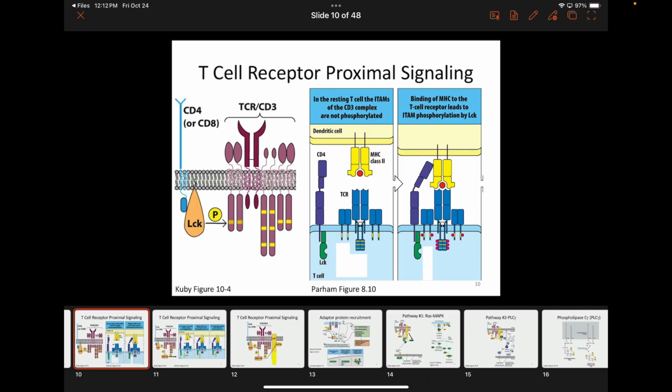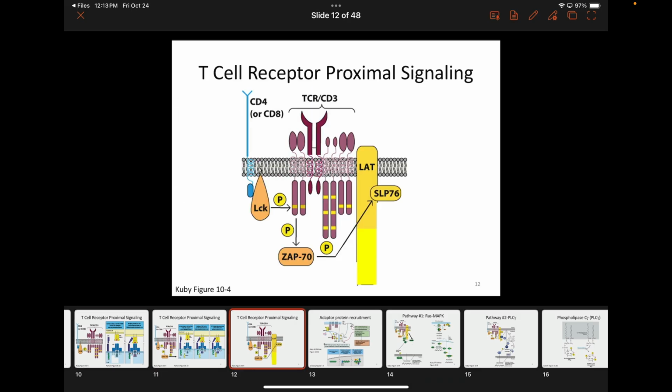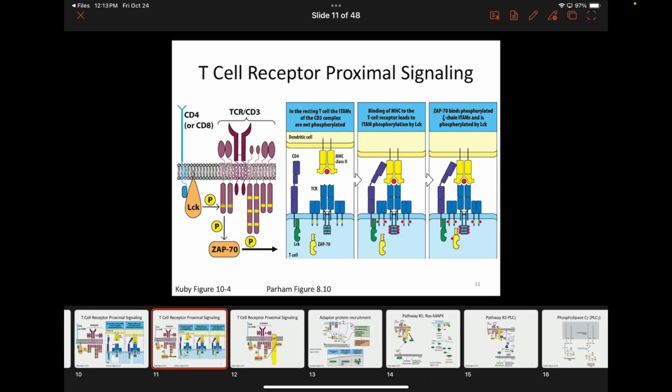So now that we have this new shape, we can bring in a new partner who has the ability to bind to this shape. This partner couldn't be here before because its binding site was not present. And so once we have our phosphorylated ITAMs, this brings in the next member of the process, which is a protein called ZAP70. And so you can see ZAP70 here. You can also see ZAP70 here in the slide that I was supposed to go to as the next slide.